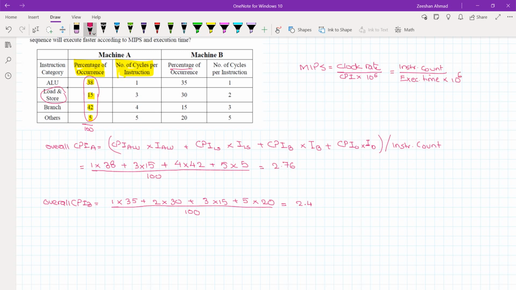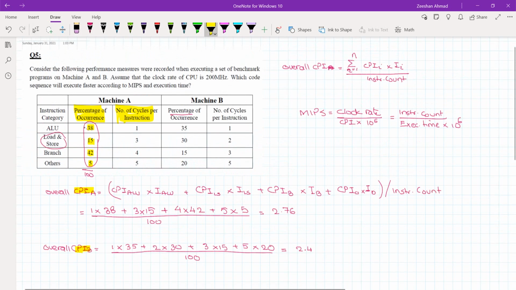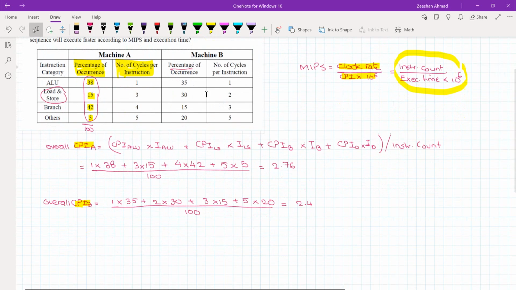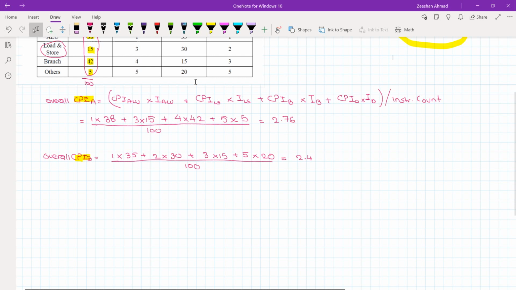Since we have already calculated the CPI for both machines, and the clock rate is given in the question as 200 megahertz, I can go for the first formula. You can use the other one after you solve the execution time, which we will do in part 2, but you should end up with the same answer.